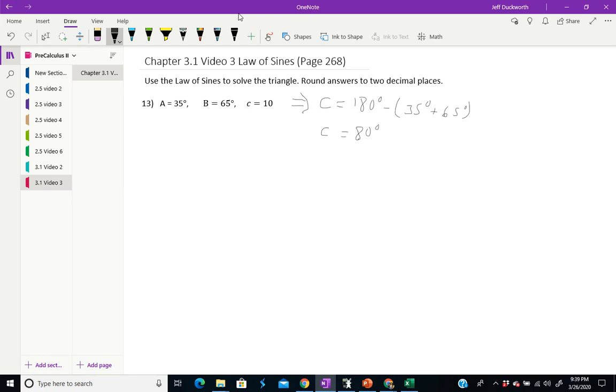So we've got our formula here. We've got a over sine A will equal c over sine of capital C. All right, so we have three of these, and we were going to solve for little a here. So let's fill in.